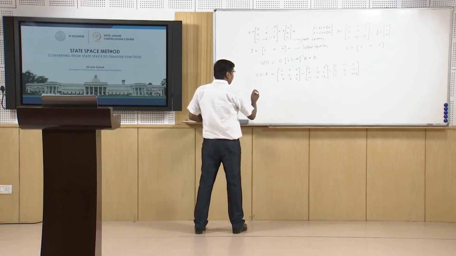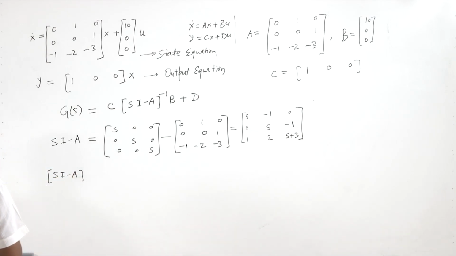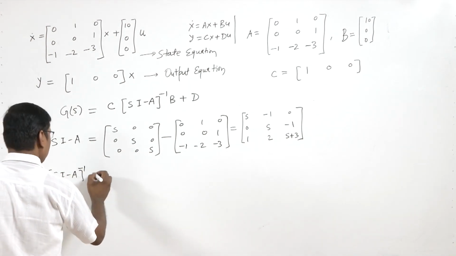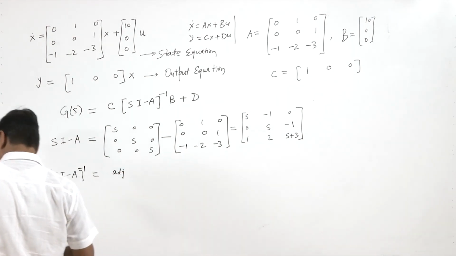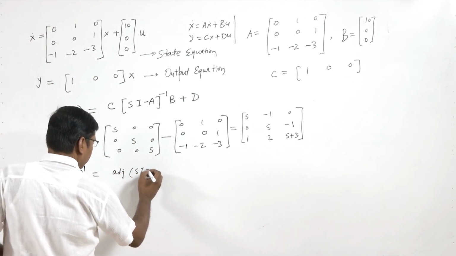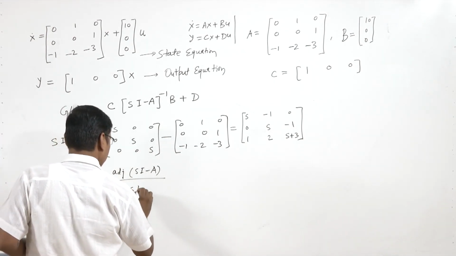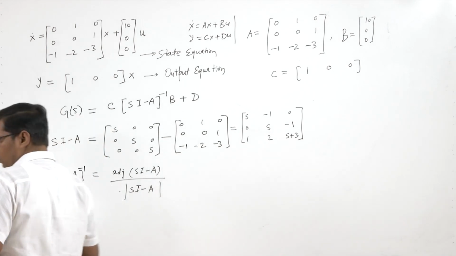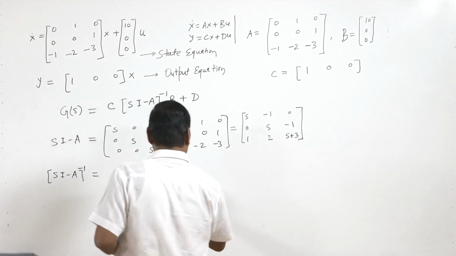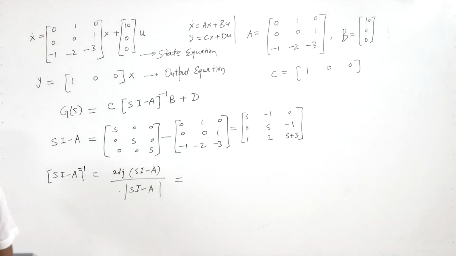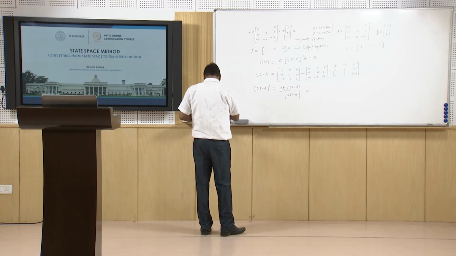So now we find (sI minus A) inverse. To find the inverse, we can find adjoint of (sI minus A) by determinant of (sI minus A). So we can find this.